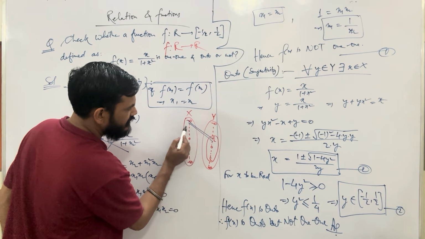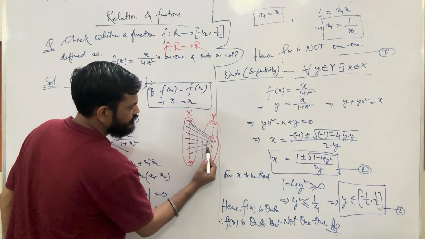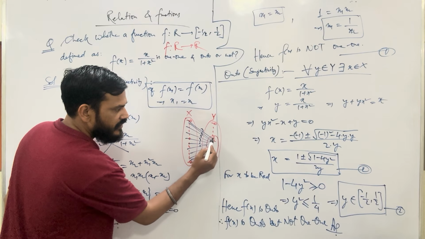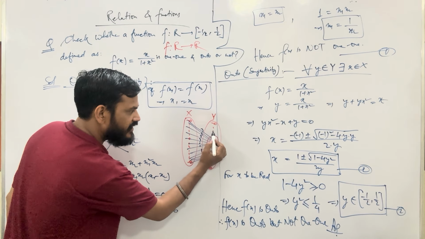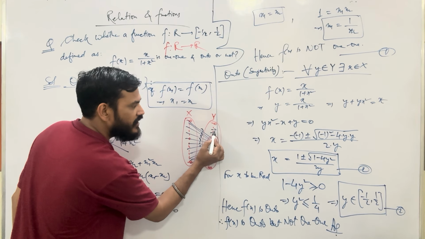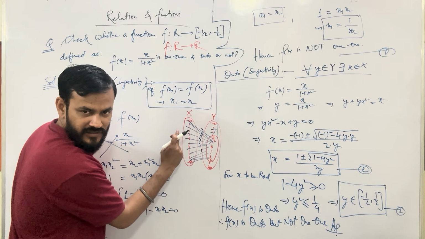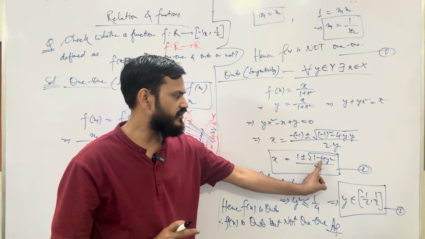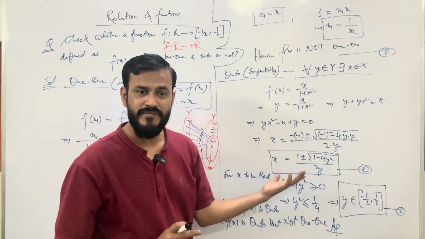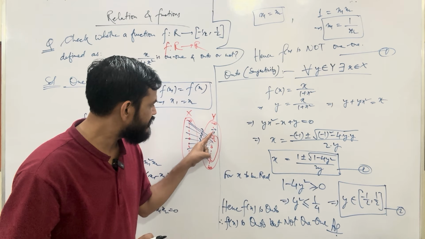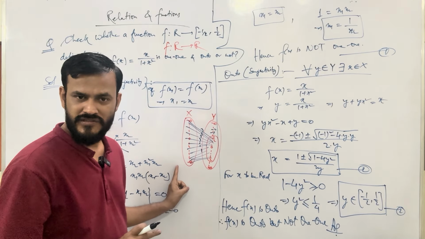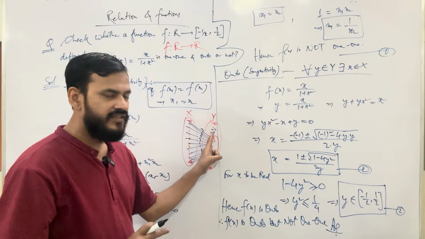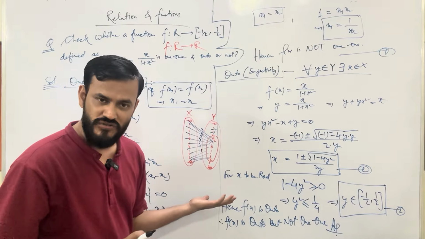So the mapping is like that. Everything is mapped in this region only, because real values of x are mapped for minus half to half. That means other values like minus 1, minus 2 are not being mapped for real. If you choose minus 2, it becomes 16 minus 15i, which is imaginary. So these values don't have any pre-image, which means this function is not onto.